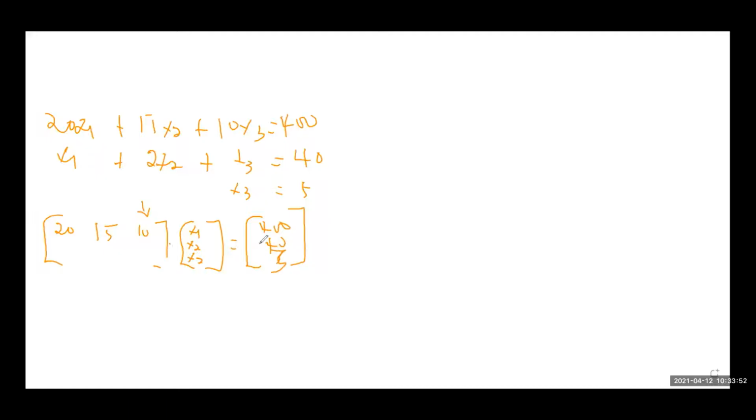This should give me x1, x2, x3, with 0, 0, 1. Augmentation, I should have 20, 15, 10, 400, 1, 2, 1, 40, 0, 0, 1, and 5.